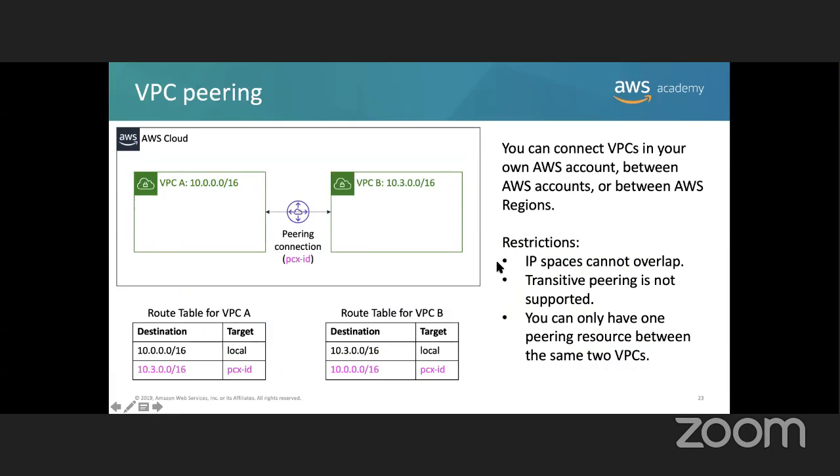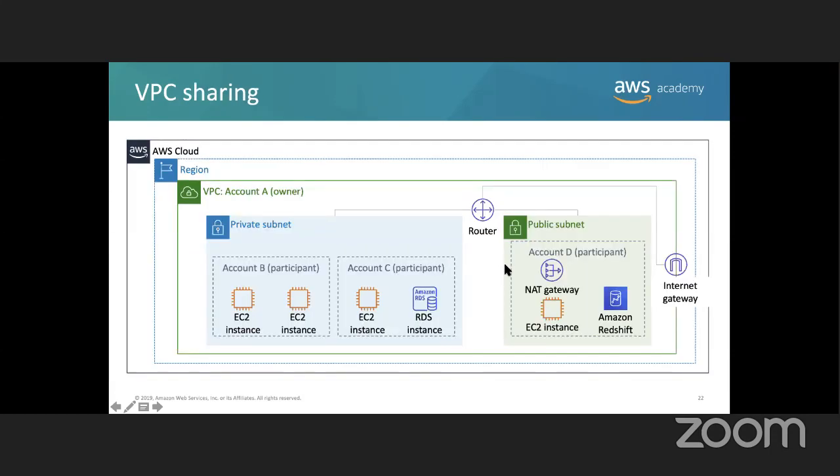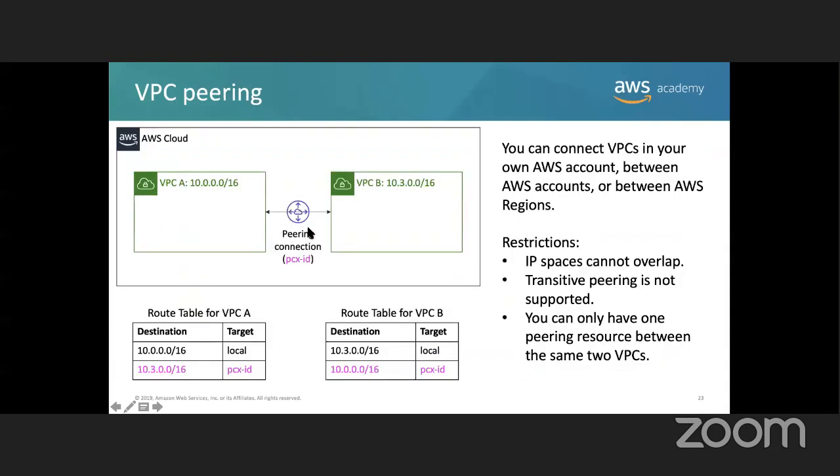So VPC peering, that's what I spoke about a while ago. Region, VPC, account owner. So you can do some peering here, right? You can have VPC-A with 10.0.0.0/16, and then you have another one here, VPC-B, 10.3.0.0/16, and then you can have a connection there.